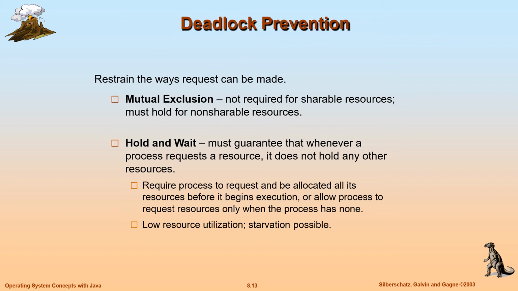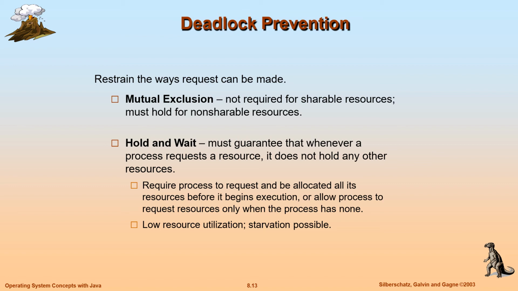Deadlock prevention: restrain the ways a request can be made. Mutual exclusion is not required for shareable resources, but must hold for non-shareable resources. Hold and wait: must guarantee that whenever a process requests a resource, it does not hold any other resources.